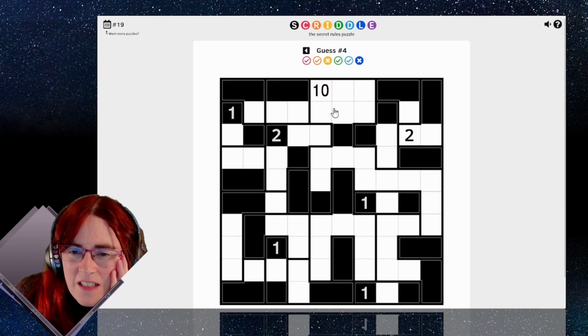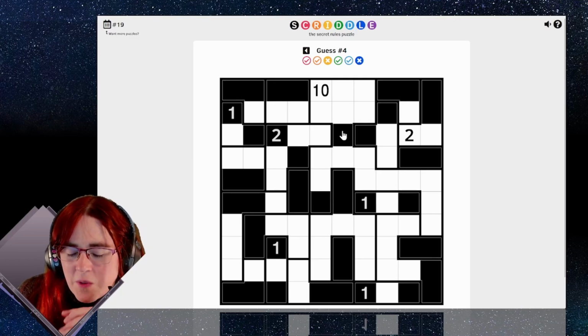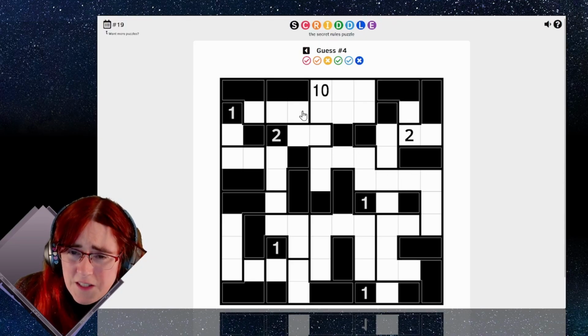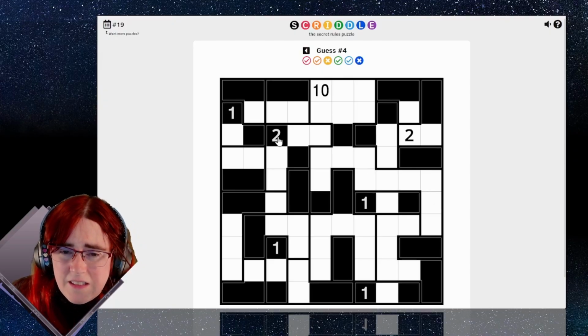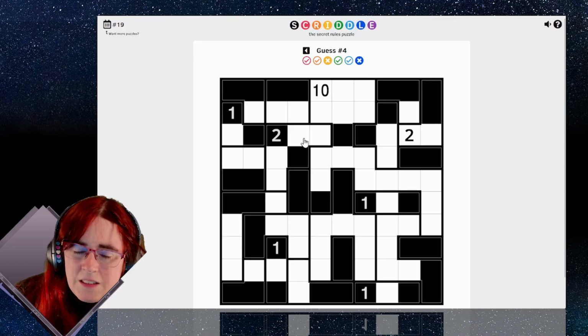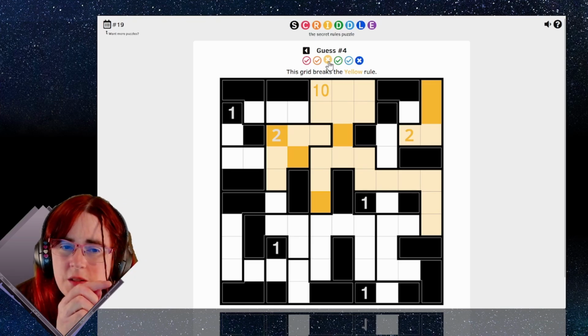This is 10. It can't be anything to do with the size of the shaded groups because we only have 2 of them. We have to have exactly 2. So it feels like it has to be about the unshaded territory, no? So all of our 1s were happy.